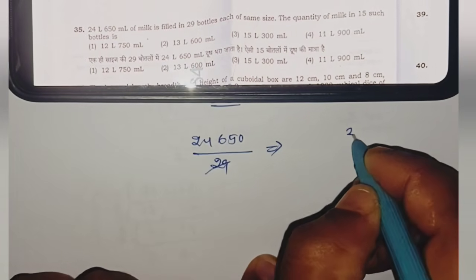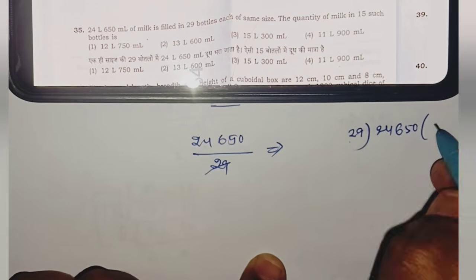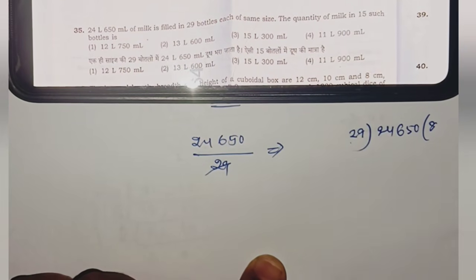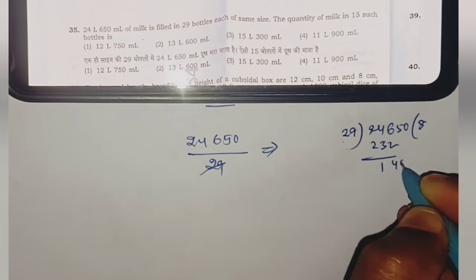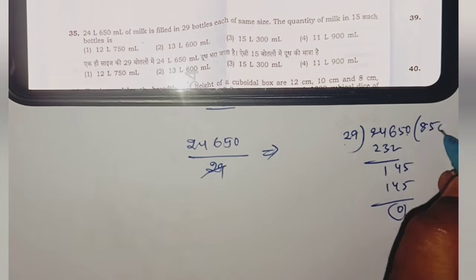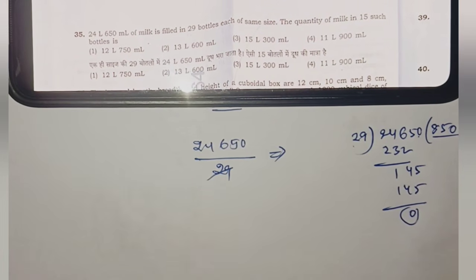If you want to do the traditional approach, do it like this. So each bottle has 850 ml.